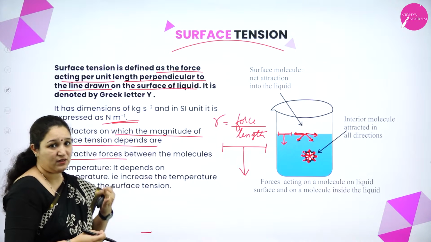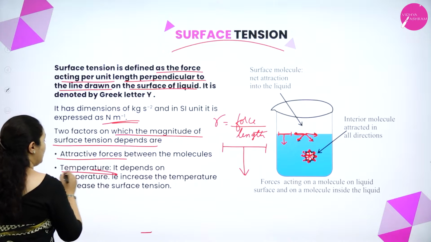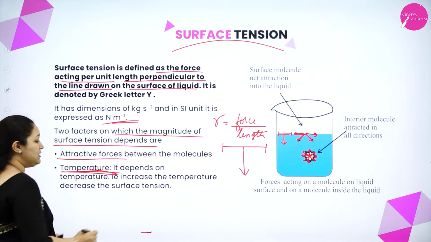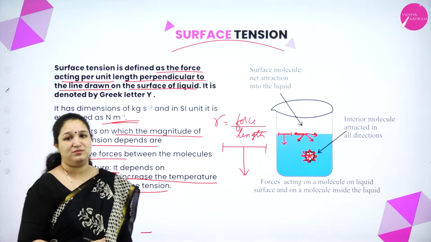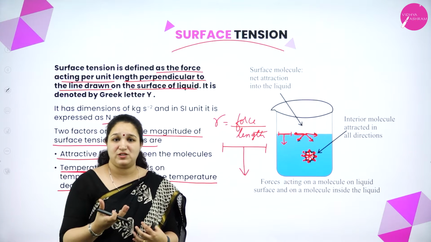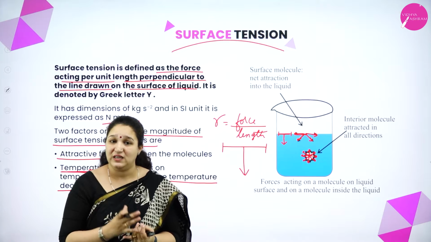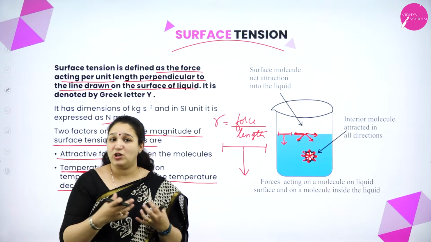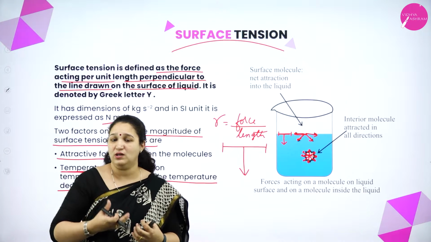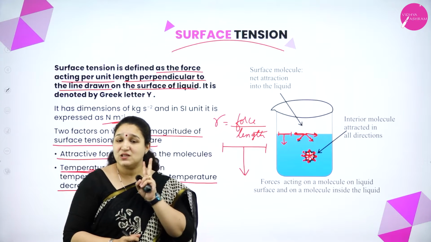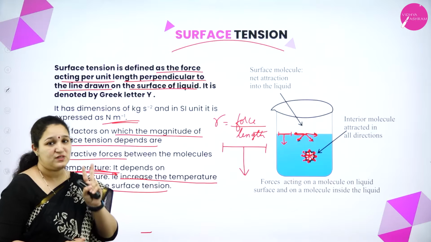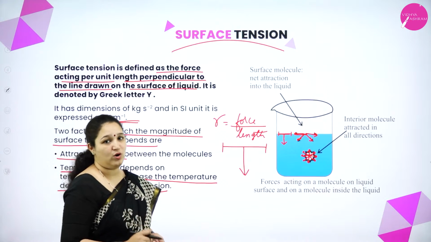That is the first factor. The second factor is the temperature. Increase in temperature decreases the surface tension. So if I increase the temperature, the surface tension will decrease, whereas if the intermolecular force of attraction is stronger, then the surface tension also will be more. So these are the two factors on which the surface tension depends.